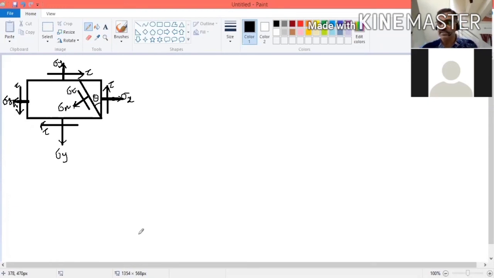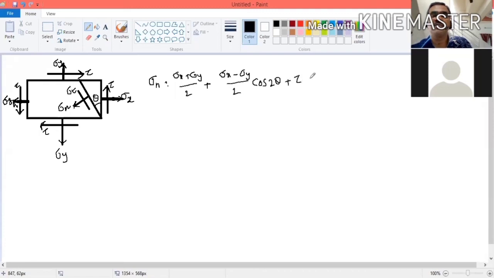How to calculate this? We have discussed it in the last class. Now, what is sigma n? Sigma n is equal to sigma x plus sigma y divided by 2 plus sigma x minus sigma y divided by 2 cos 2 theta plus tau sin 2 theta.